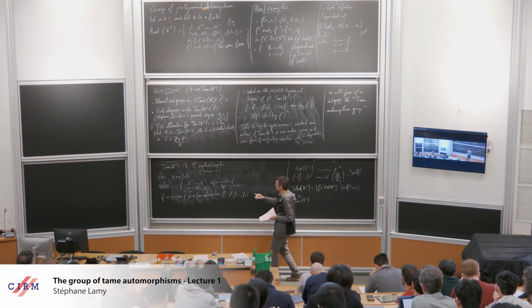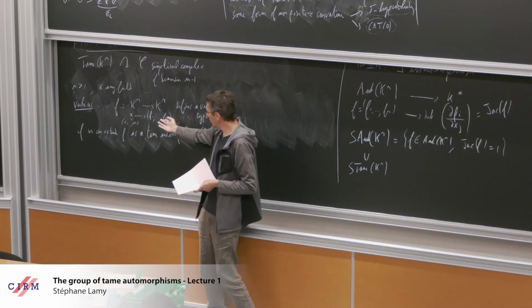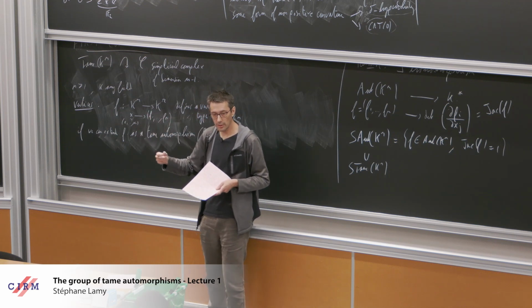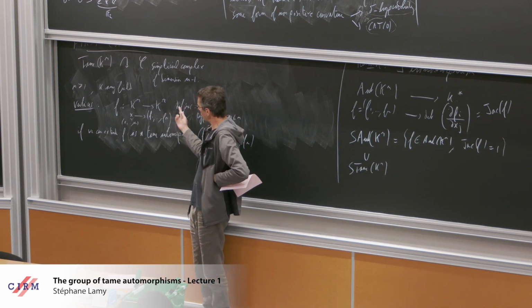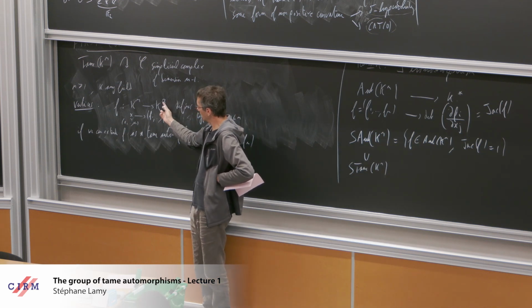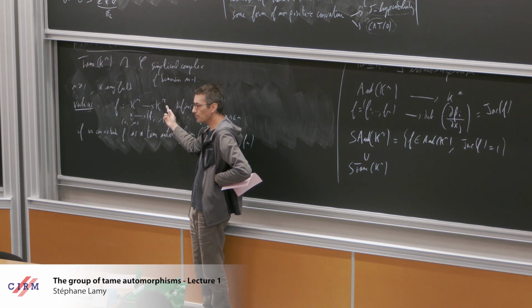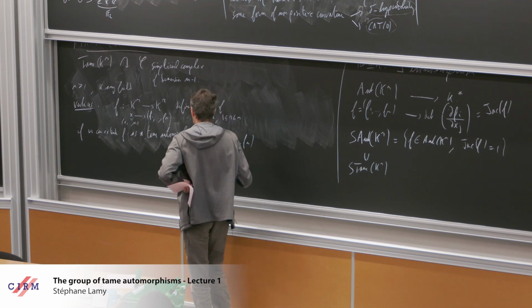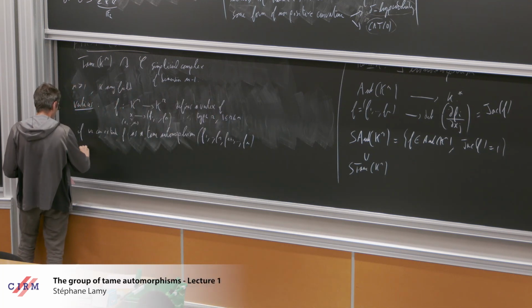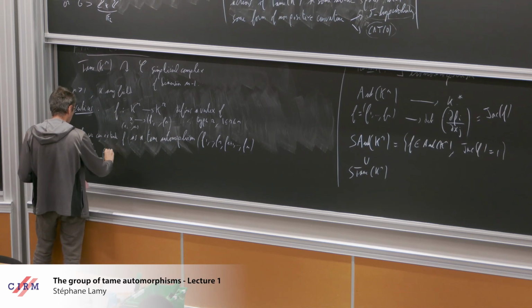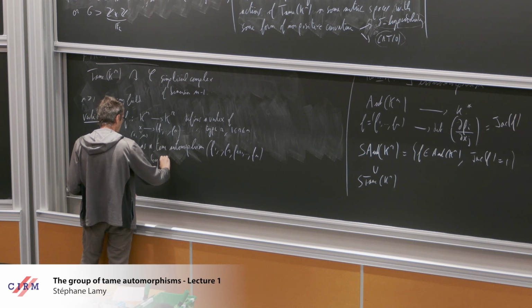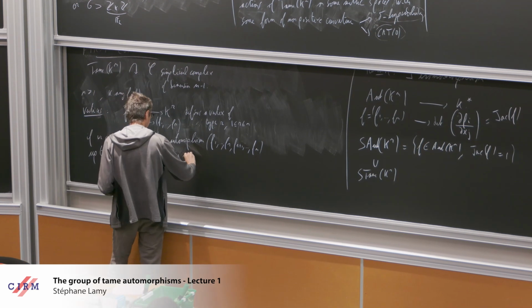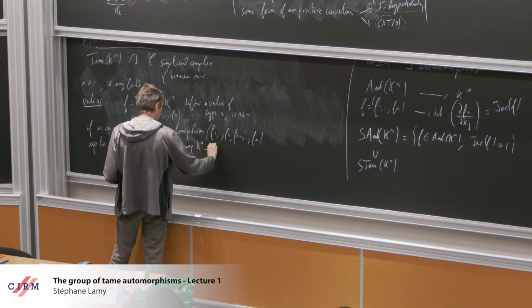Not exactly: it's such a map, but up to an equivalence relation. The equivalence relation is up to post-composition by an affine map in dimension r, from K^r to K^r.